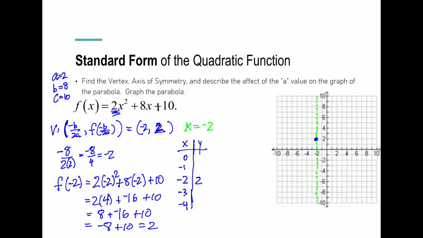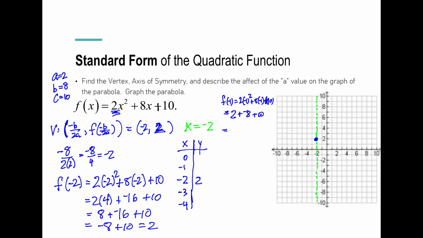All right, plugging in negative 1, if we find the f of negative 1, f of negative 1 is 2 times negative 1 squared plus 8 times negative 1 plus 10. Negative 1 squared is 1, so 2 times 1 is 2, plus negative 8, plus 10.